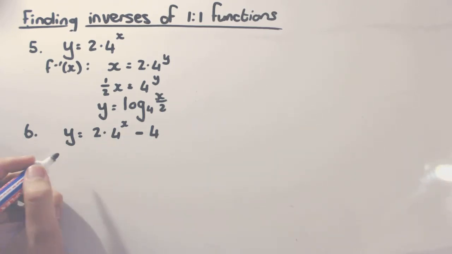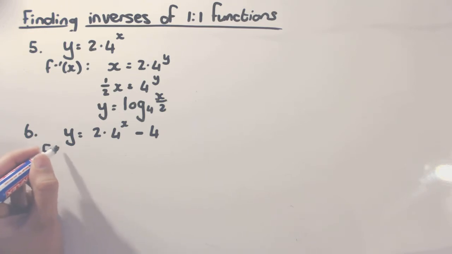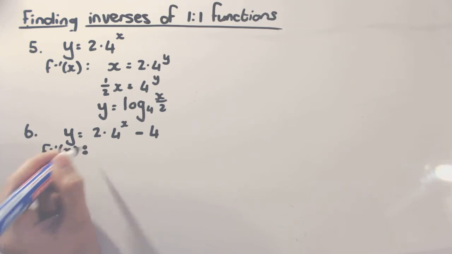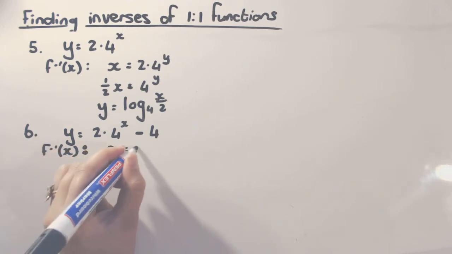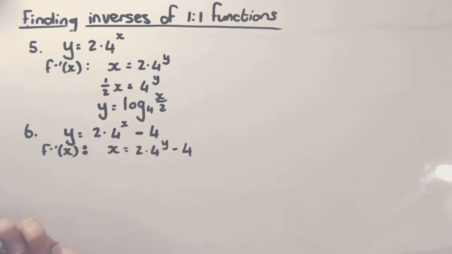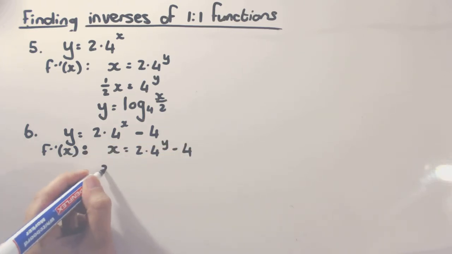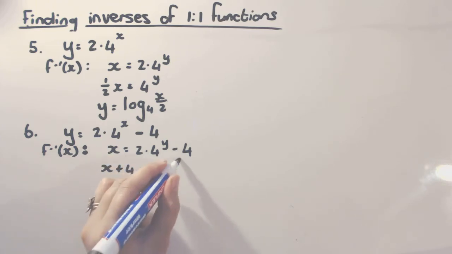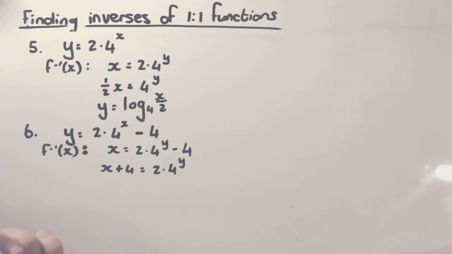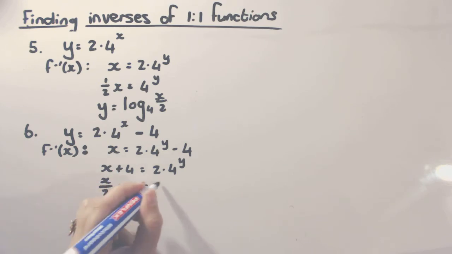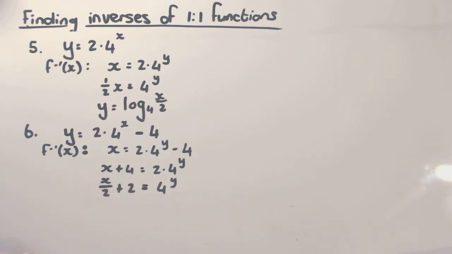Then for the inverse function yet again, I can just swap the x and the y values. And then I will have x plus 4 is equal to 2 times 4 to the power of y. And then I divide by 2 throughout, so I've got x over 2 plus 2 is equal to 4 to the power of y.